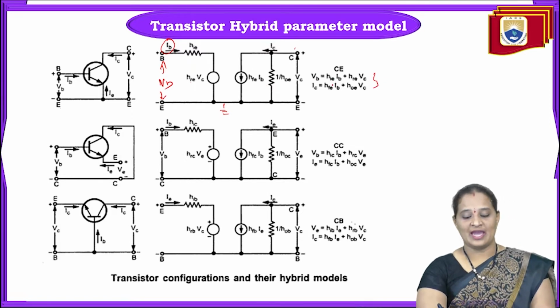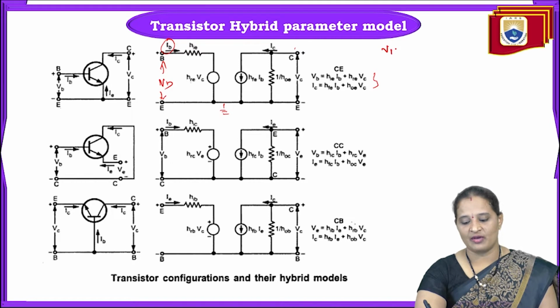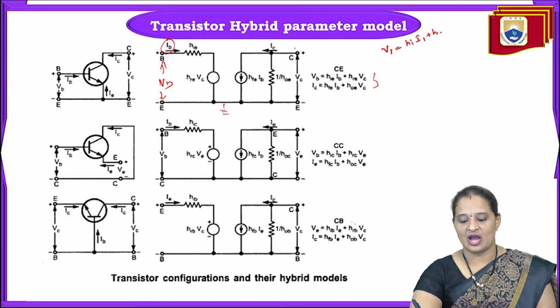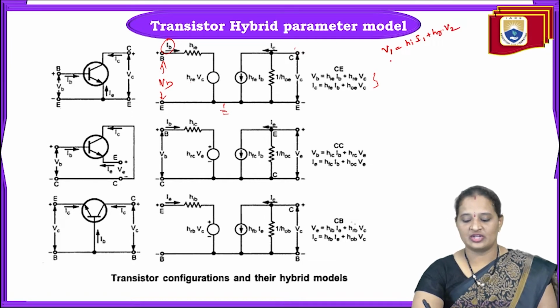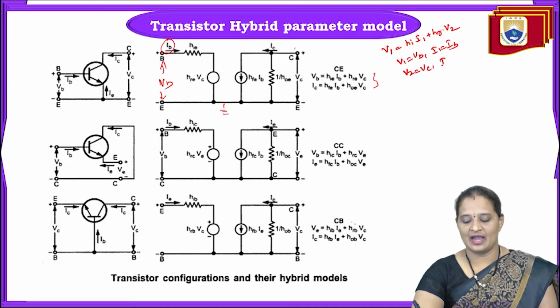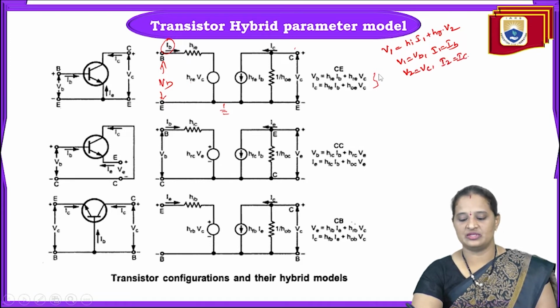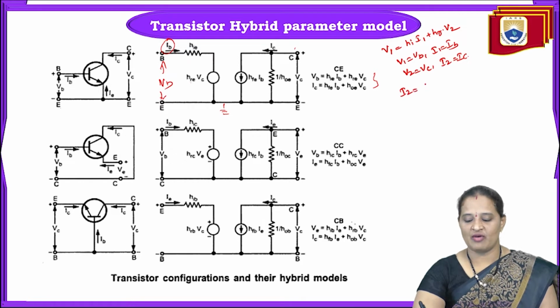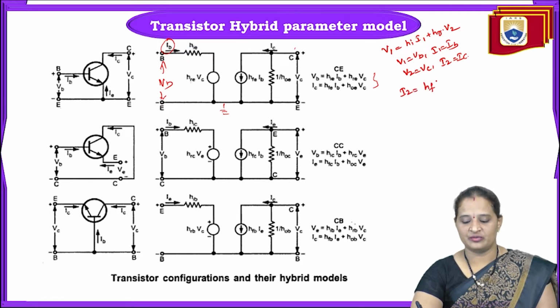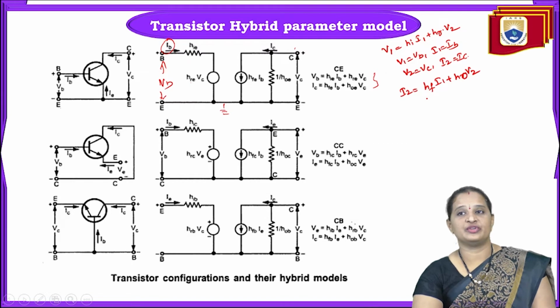What are the equations we have? V1 is equal to HI into I1 plus HR into V2. In common emitter configuration, V1 is VB and I1 is IB. Similarly, V2 is VC and I2 is IC. Just substitute these values. One more equation we have: I2 is equal to HF into I1 plus HO into V2.